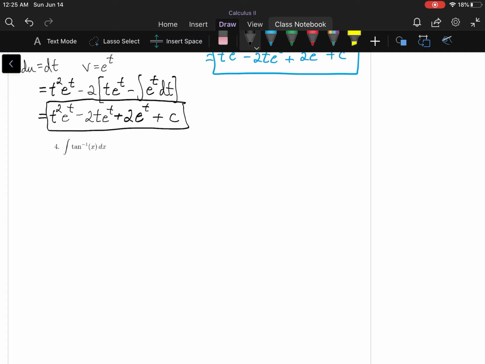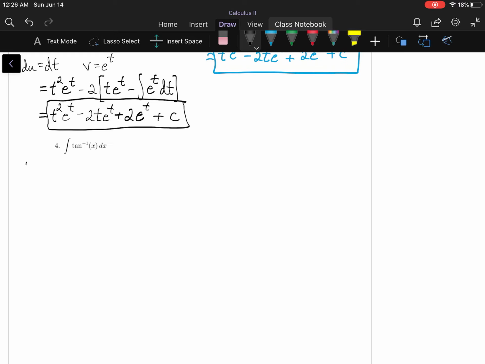And what cues me in on that is that I know that u is going to give me du. And I know the derivative of arctan. I don't know the integral of arctan. So it would stump me if I let dv be arctan dx. So for that reason, again, I'm going to say u is the arctan of x.